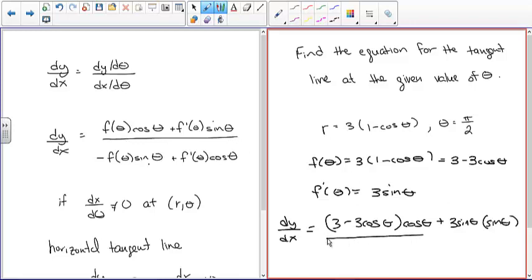And then we divide that whole thing by negative f of theta, so it's negative 3 minus 3 cosine theta times sine theta, plus f prime of theta, which is 3 sine theta times cosine theta.